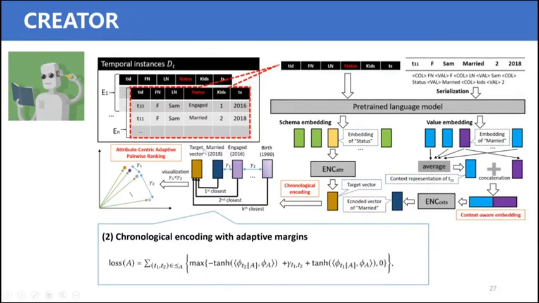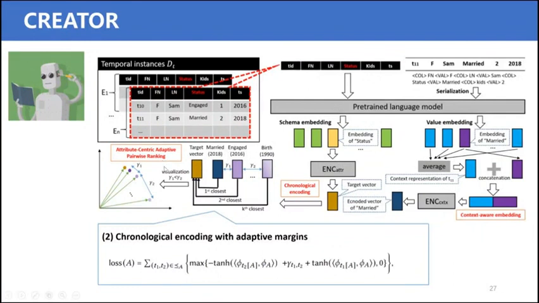You can see that the target vector is the schema. So the value merit, you can see, has its own embedding. This embedding is the vector of the value merit, and we can see that this vector is the embedding from BERT. And we use this loss function to determine their orders, which we call attribute-centric adapted pairwise ranking.